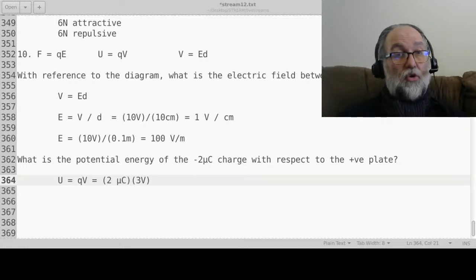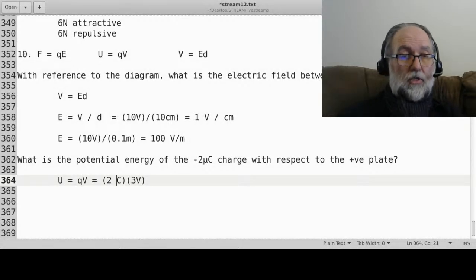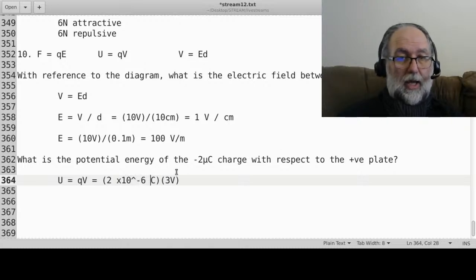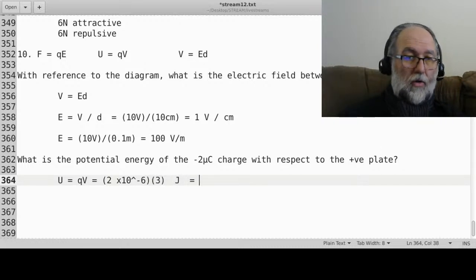So we don't need that, but we do need to change that micro to times 10 to the -6. Okay, and now we can get rid of the Coulomb and the volt, because a Coulomb times a volt is, guess what, a joule. If we work this out, this is going to equal 6 times 10 to the -6 joules.